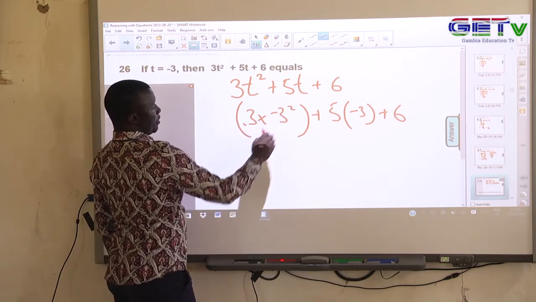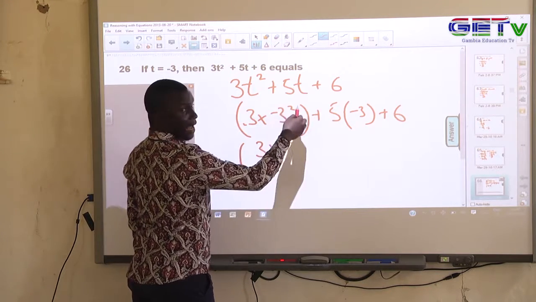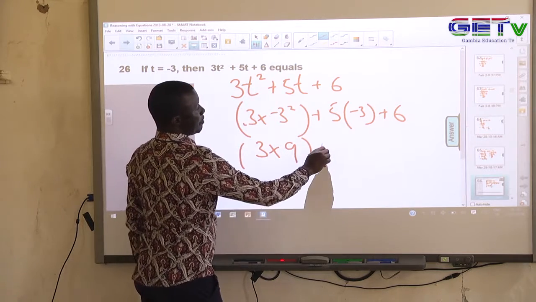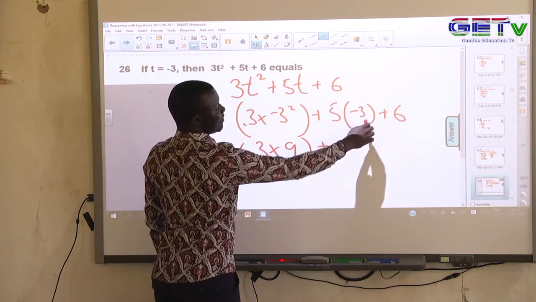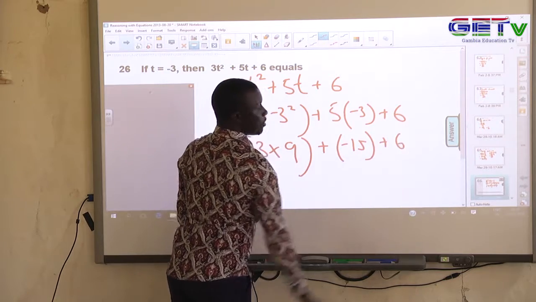So we further simplify this as 3 times negative 3 squared, which means negative 3 times negative 3, which is 9, plus 5 times negative 3 is negative 15, minus 6.